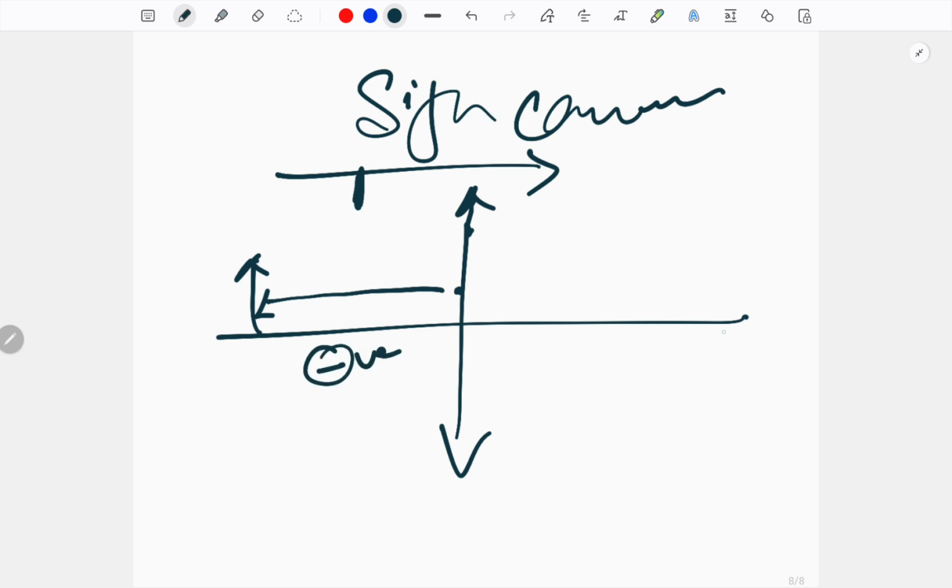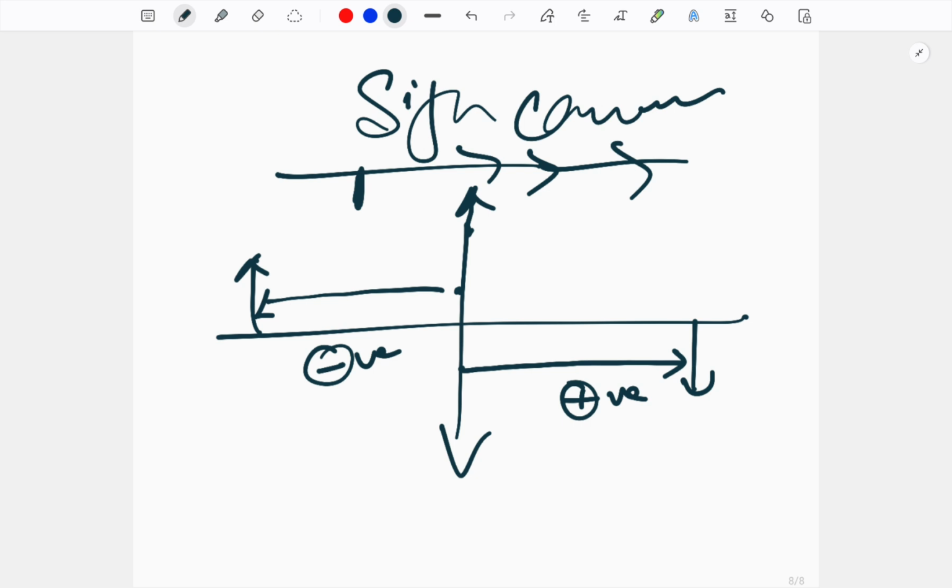Let's take an example: this is the image, and the distance should always be taken from the lens itself. From here to here it is in the direction of light, so we take that distance as positive. So it's centrally important to understand why we take a distance as negative and why as positive.